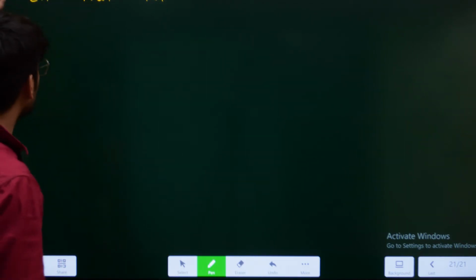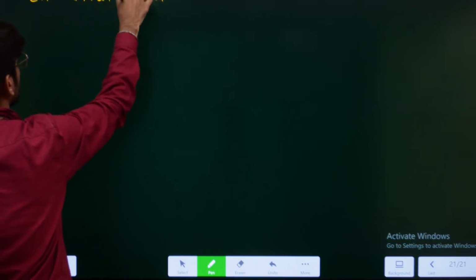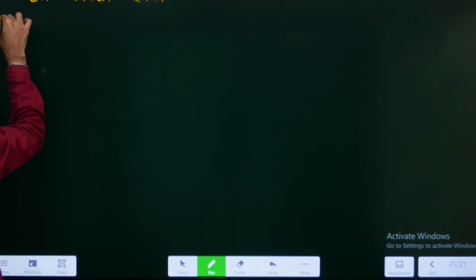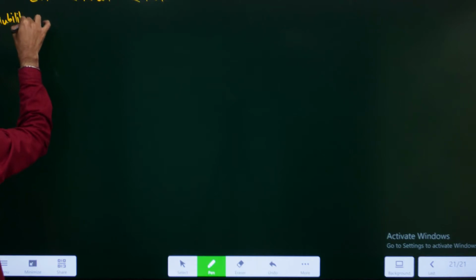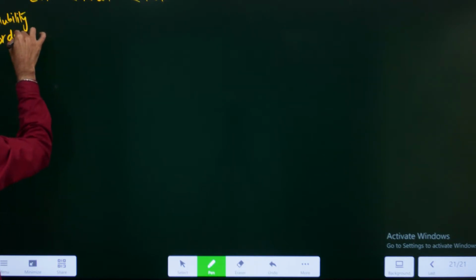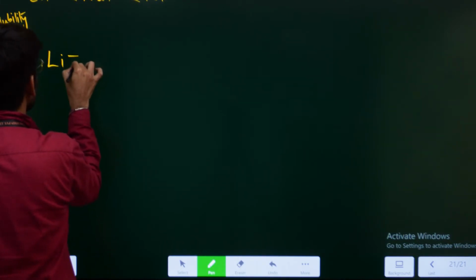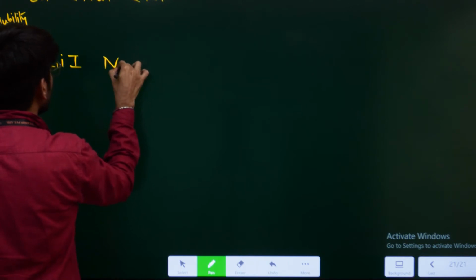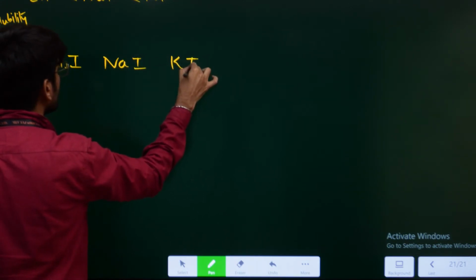Smaller, less soluble. So obviously this is the order. Tell me if this is clear. And if I write LiI, NaI, KI, very quickly.